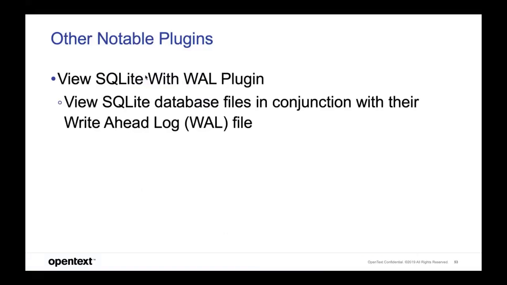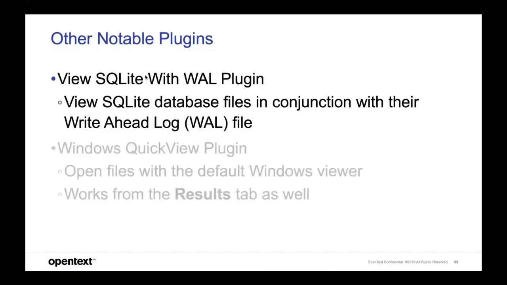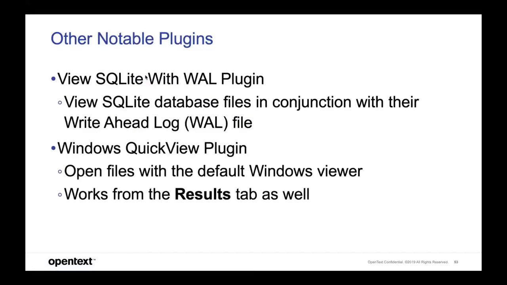The View SQLite with WAL plugin allows SQLite database files to be viewed in conjunction with any write-ahead log file, and the Windows Quick View plugin makes it easy to extract and open files using the default Windows viewer, something that's very useful from the EnCase Results tab.